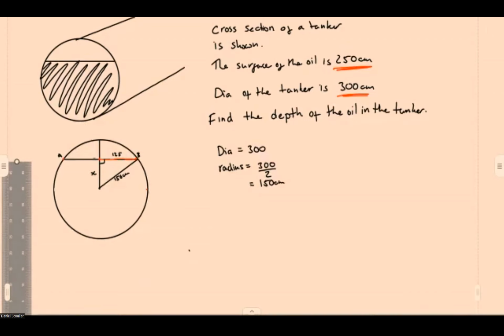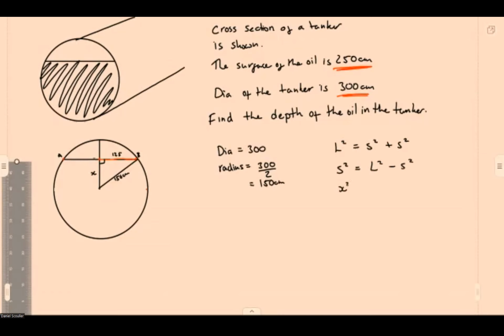So I'm going to find out the missing side of the right angle triangle. With these type of questions, it's sometimes quite hard to imagine what you're actually trying to figure out, but just create that right angle triangle, start working stuff out, use your understanding that you can do this, and then see where it takes you. So I'm going to work out x. I know that's a right angle triangle, so I know that Pythagoras works. Long side squared equals short side squared plus short side squared, but I'm missing a short side. So my equation moves about to the long side squared minus my short side squared.